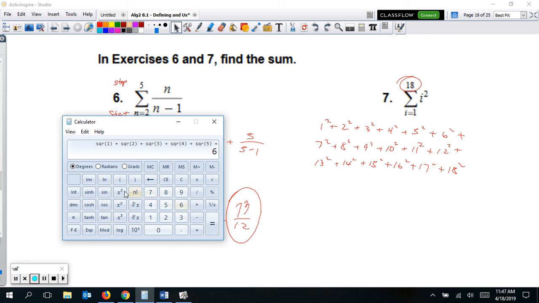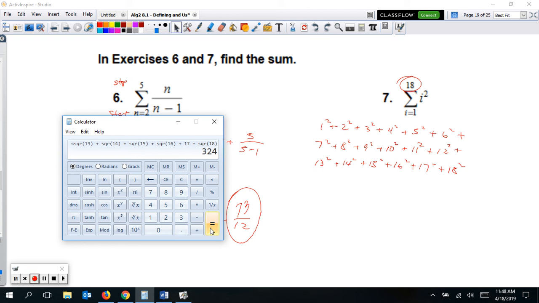Now we're at 6 squared plus 7 squared, 8, 9, 10, 11, 12, 13, 14, 15, 16, 17, almost there, 18 squared.